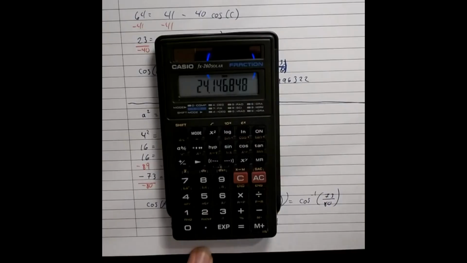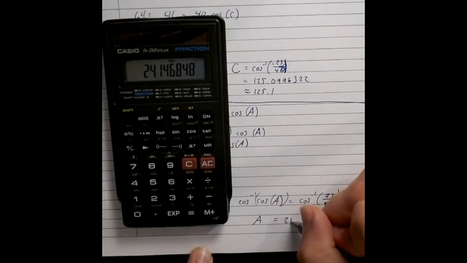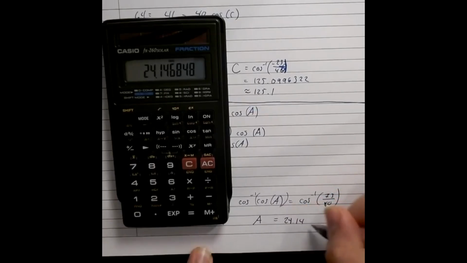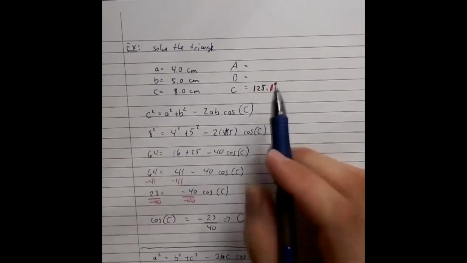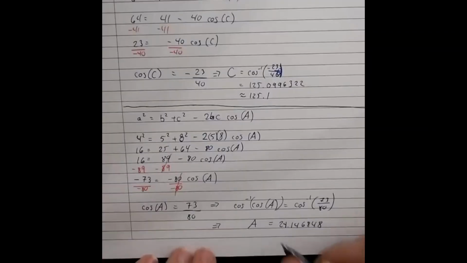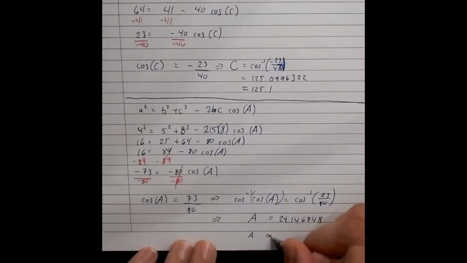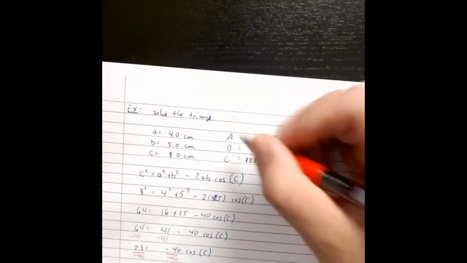That's going to give me 24.146848, just like that. But of course here that's an unrequired level of precision. Here we have everything out to 1 decimal place. So here let's go ahead and round off the angle A to be approximately 24.1 degrees. Just like that.